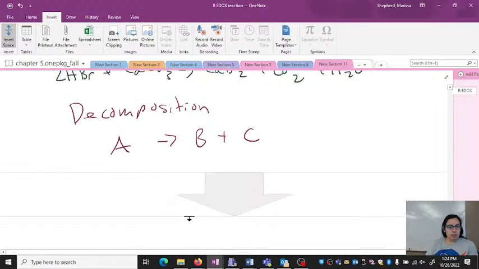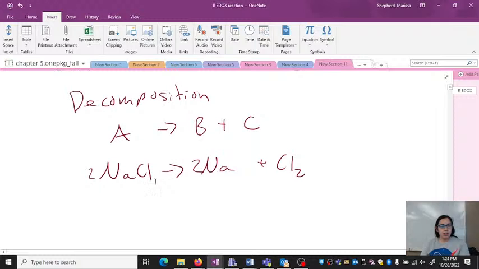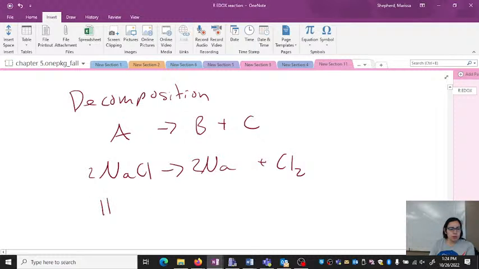They gave a very simple example of just sodium chloride, so you could split it back up to give you sodium and chlorine. Other decompositions: they're trying to use water as a fuel, and so water splitting, you can split that into H2 and O2.